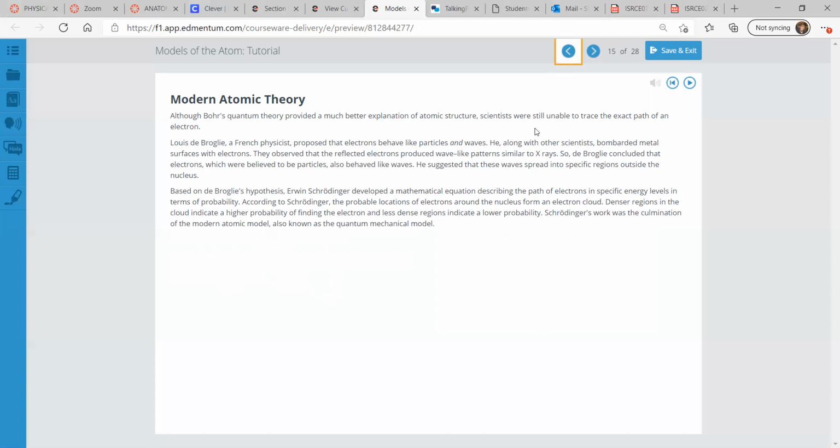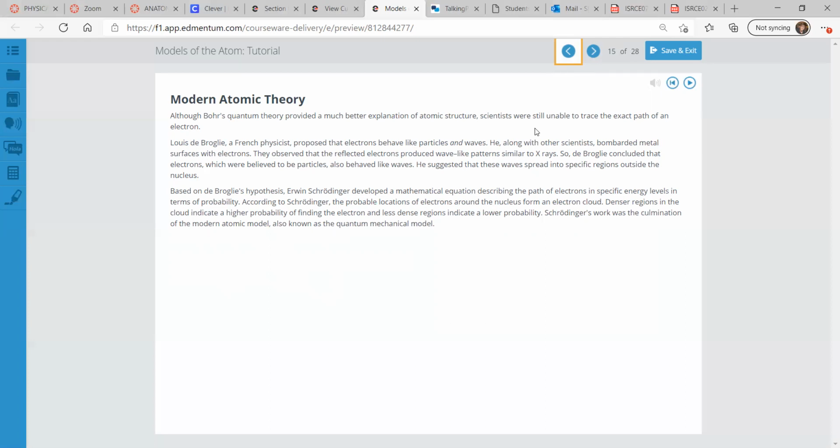And based on that hypothesis of de Broglie's, Erwin Schrodinger developed a mathematical equation describing the path of electrons and specific energy levels in terms of probability. The probable location of electrons around the nucleus form an electron cloud.